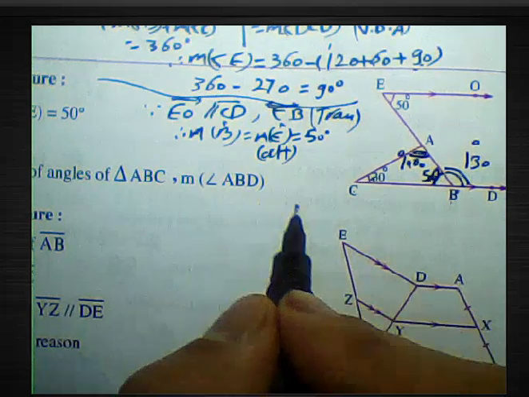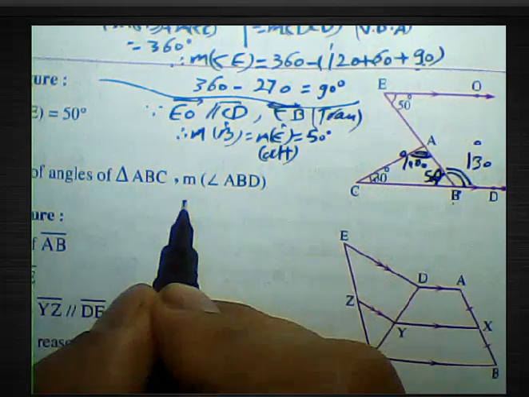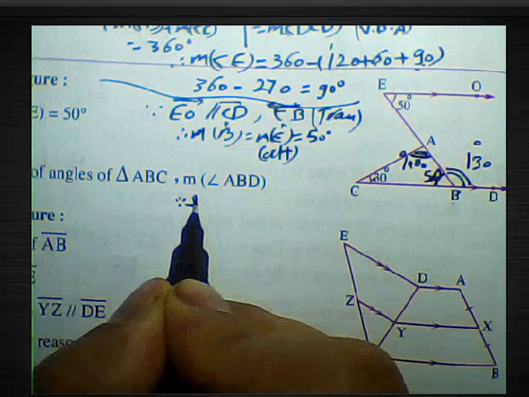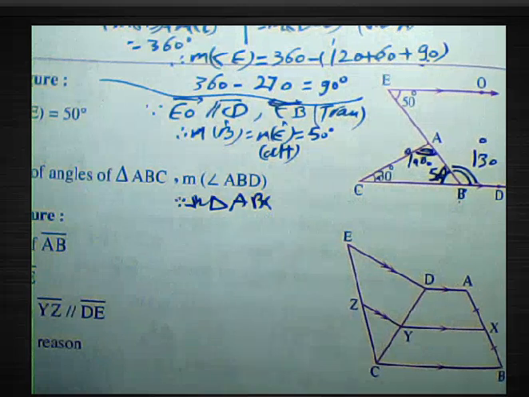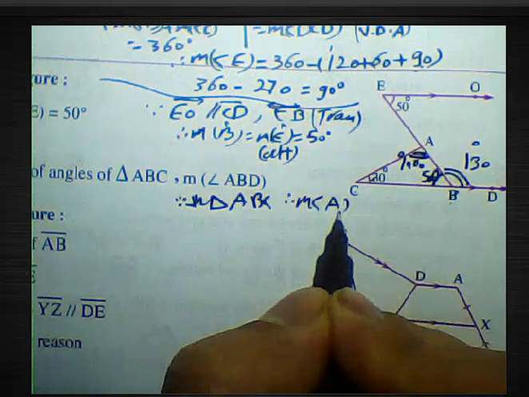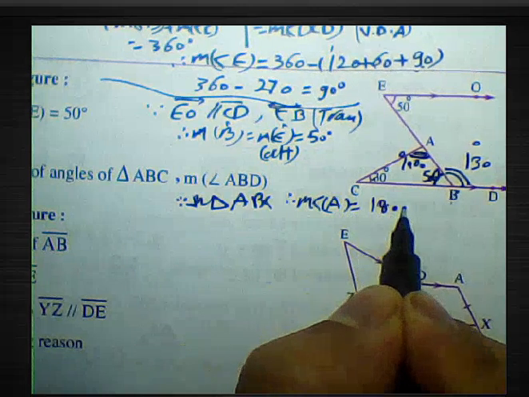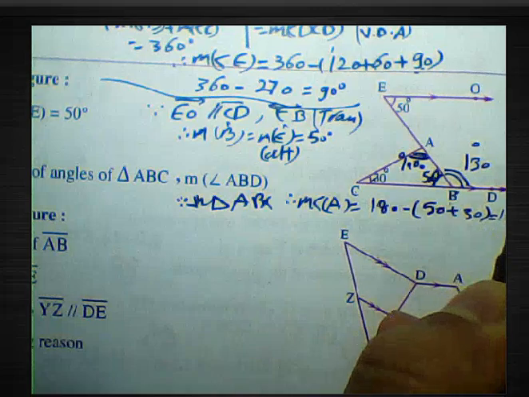Then you can find the measure of angle A inside the triangle: in triangle ABC, the measure of angle A equals 180 minus (50 plus 30), equals 100 degrees.